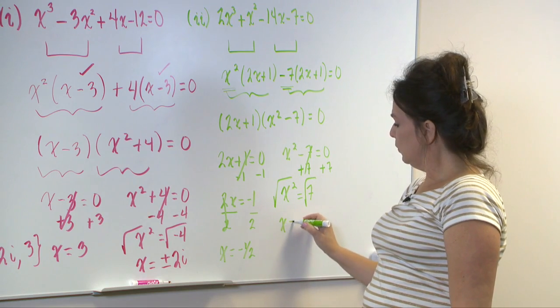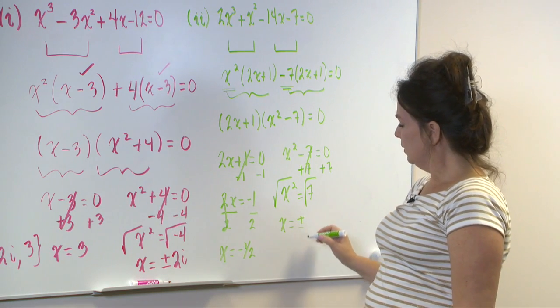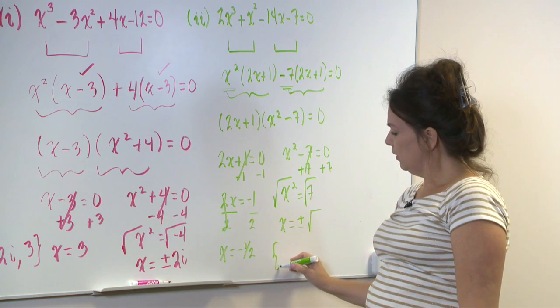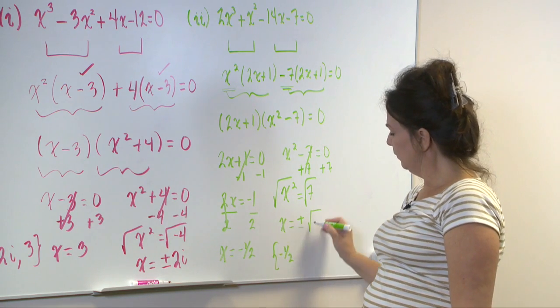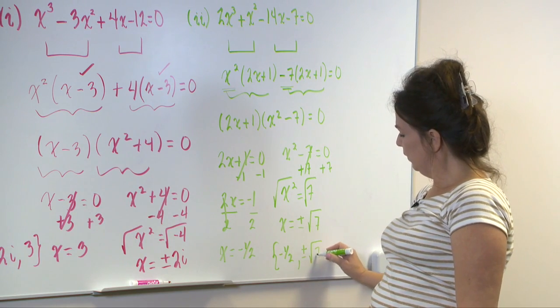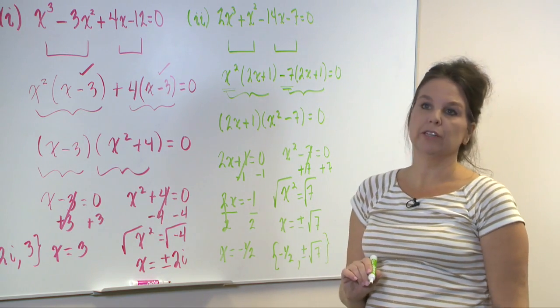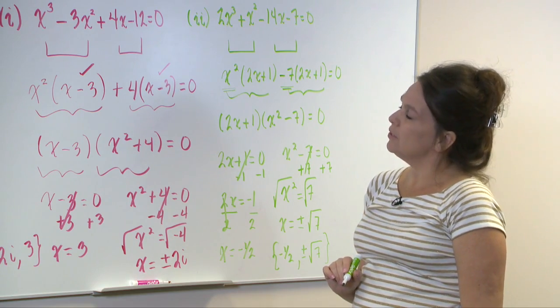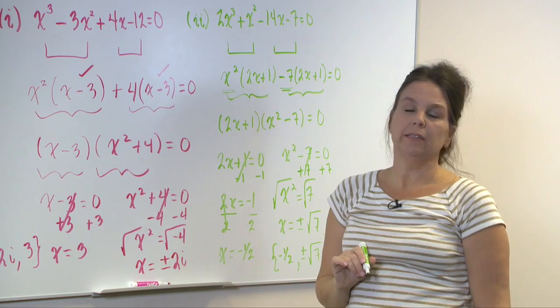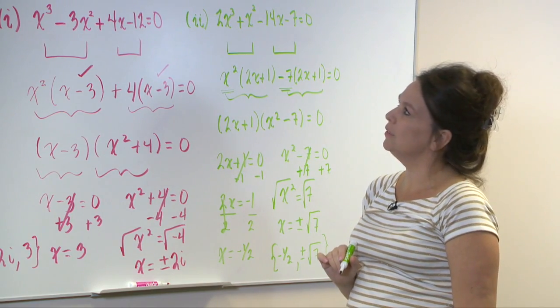And I get x is equal to plus or minus the square root of 7. So our final answer here is negative 1/2 and plus or minus the square root of 7 for our solutions. So we have solved two equations involving 4 terms each by factoring by grouping.